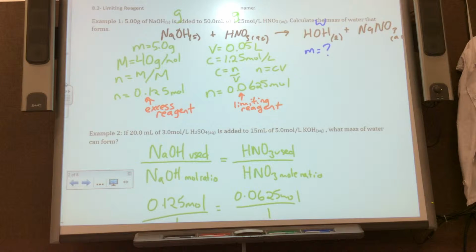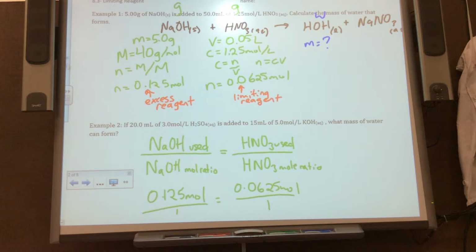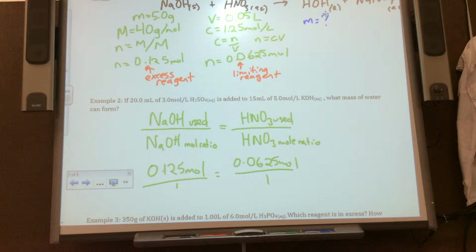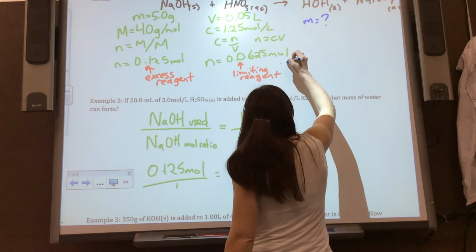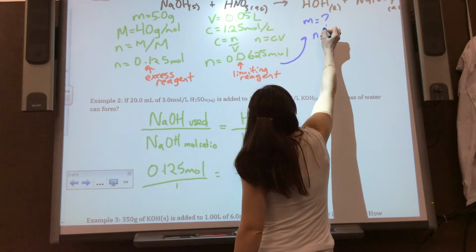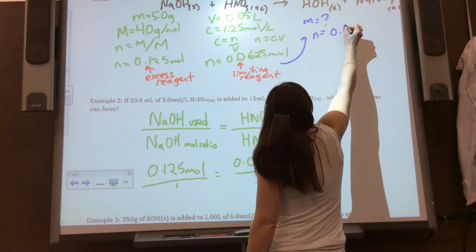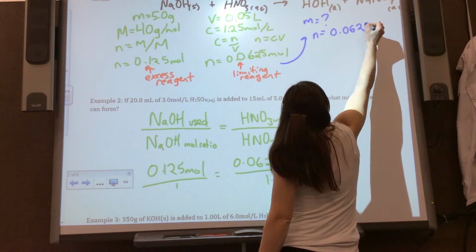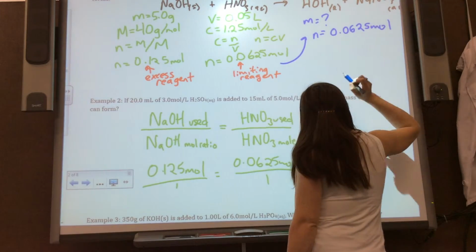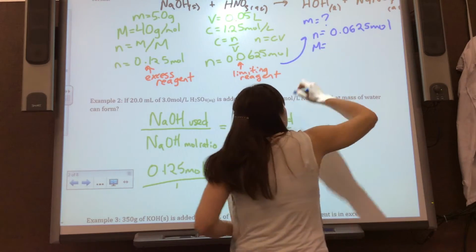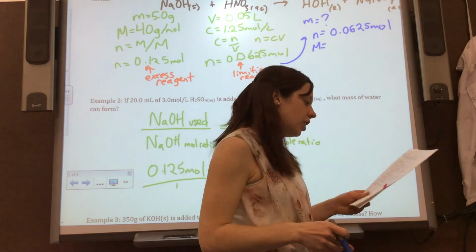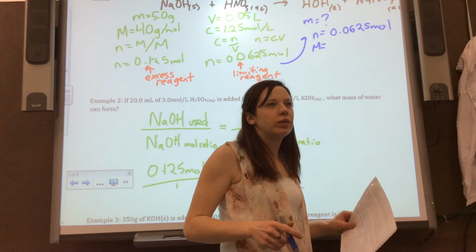So now, what we can do is take these moles from our nitric acid and apply it to the water scenario. Okay, so now we know, I'm going to use these moles, 0.0625 moles. And my molar mass of water, I just have this one memorized, 18.02.